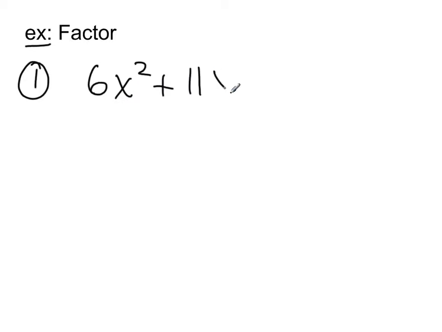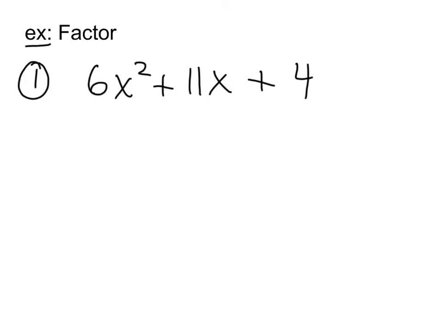So, our first example, we are asked to factor. I'm going to give us one with nice numbers in hopes that it will encourage you to use the AC method. And of course, I'll give you one later with some not so nice numbers, and we'll see how it goes. So our first one, we have 6x squared plus 11x plus 4.